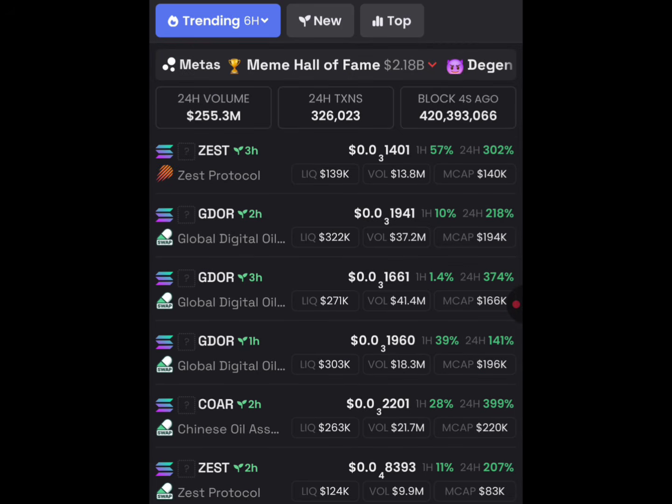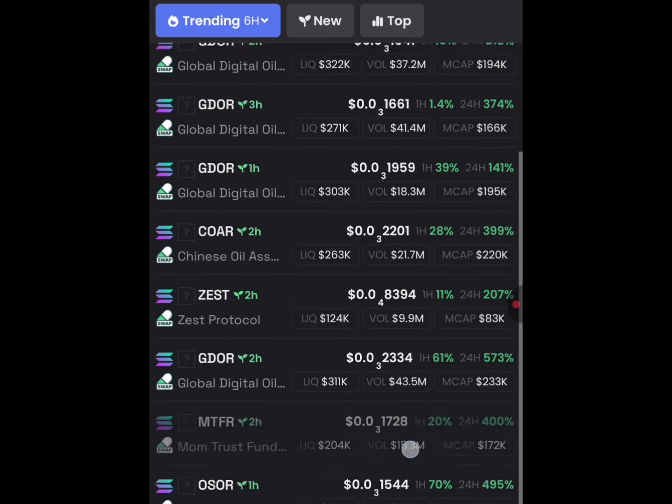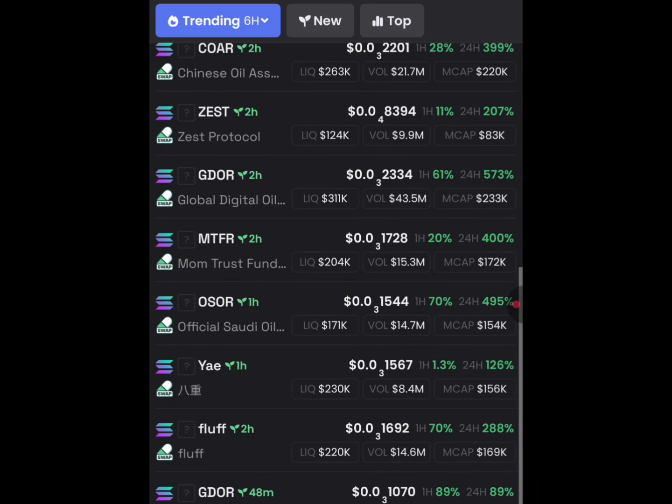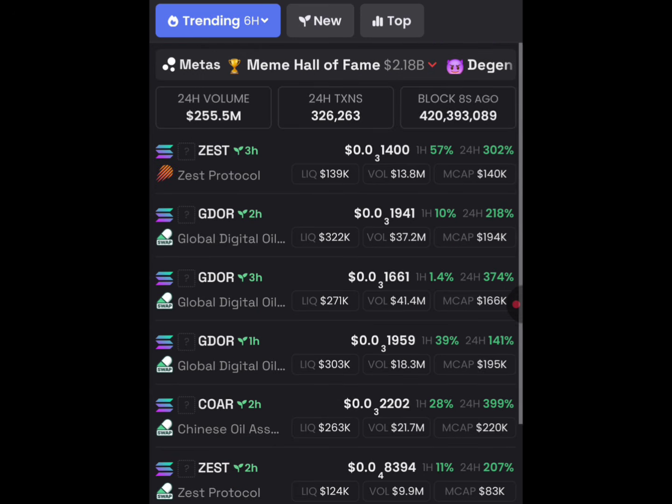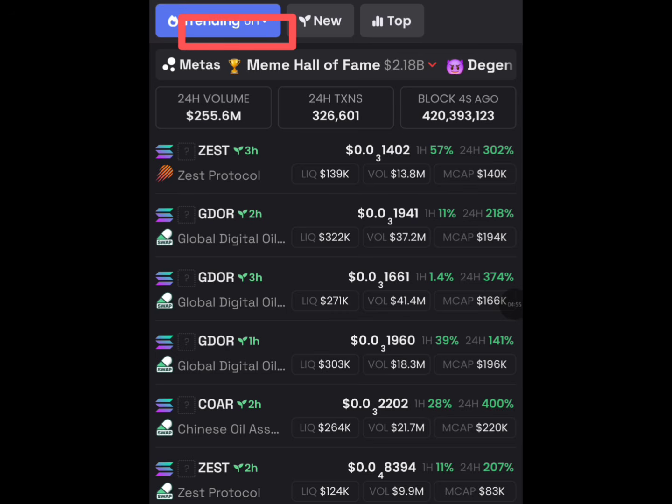Once you've opened up DEX Screener, you're going to see a whole lot going on. There are literally a lot of cryptocurrencies. But we are going to be making some changes to it so it can suit our DEX arbitrage trading strategy. So first of all, switch this one to 6 hours as usual.